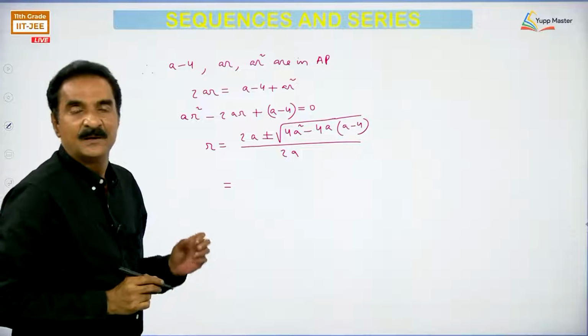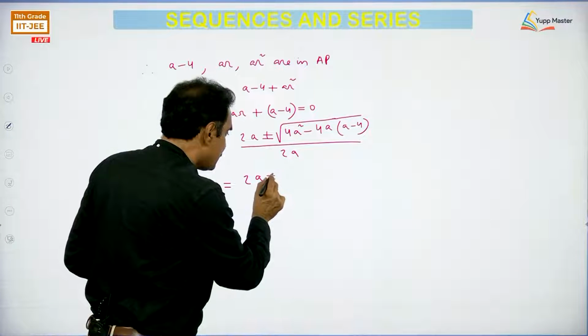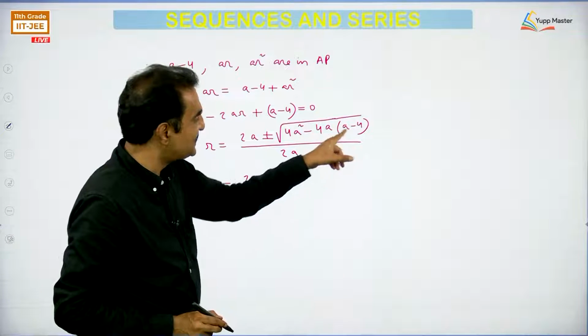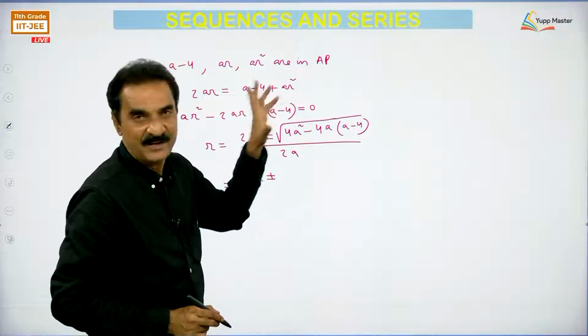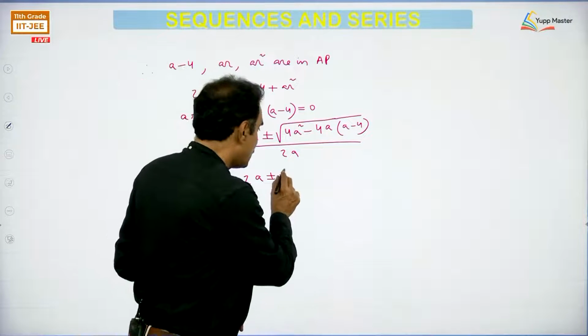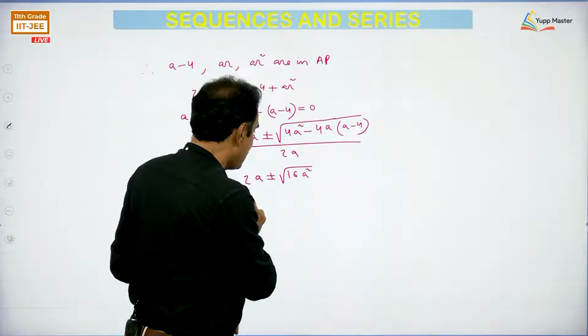Now I am getting 2a plus or minus, if you multiply 4a square minus 4a square plus 16a, the 4a square cancels, you will get root over 16a, by 2a.